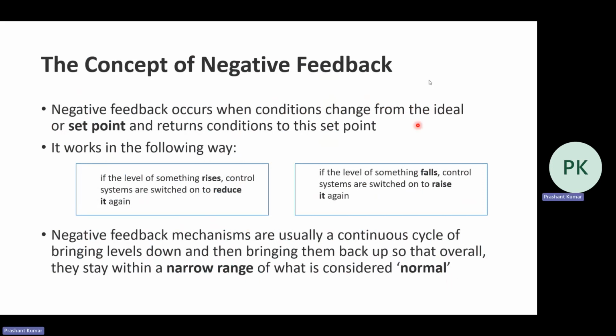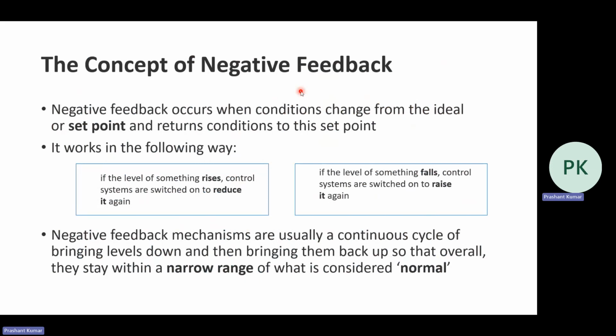Right? What is negative feedback? When we say negative feedback, the meaning is bringing any condition to the ideal situation or to the set point, or returning to the normal condition as it was earlier. So how does it work? If the level of something rises, the control system is switched on and it is reduced. In another way, if the level of something falls, the control system is going to switch on and raise it again.